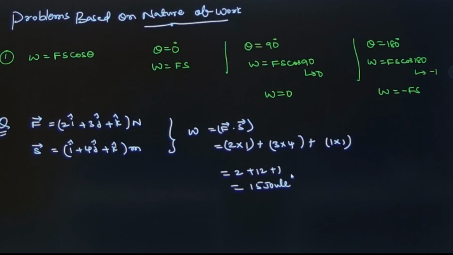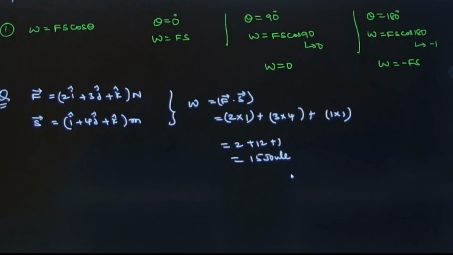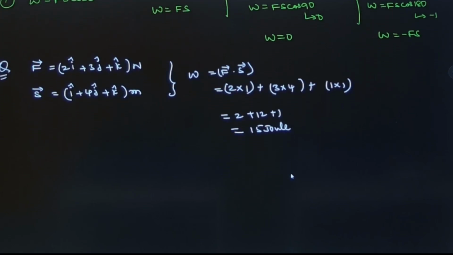Now I'm giving one more question. Take a force F bar equals 4I cap minus 3J cap minus 7K cap, measured in Newton.